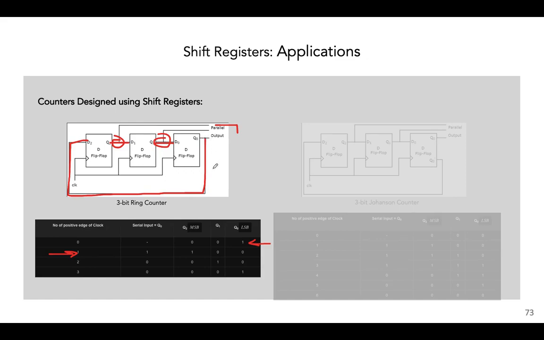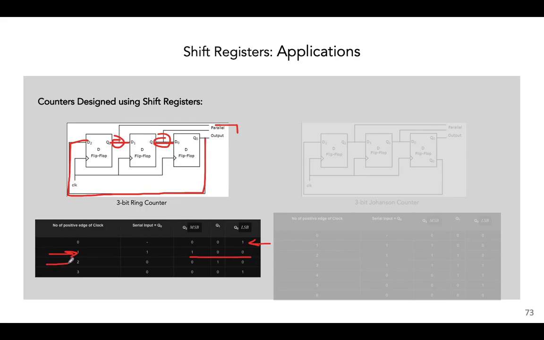Why? Because it's being fed back into the register again. So the one moves from there to there to there, and it then enters your first flip-flop, right? And this is what's happening here. See, this one went all the way and got to this position. So we get 1 0 0.